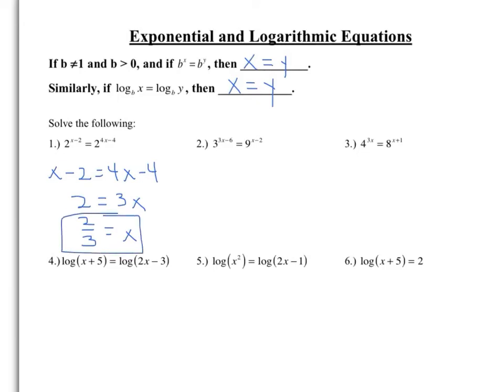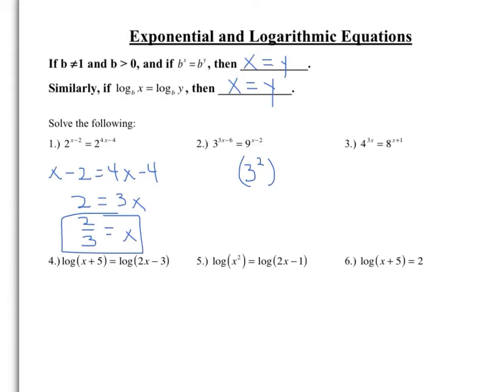In number 2, we run into a little snag here because we have a base of 3 and a base of 9. Well, they're not equal, so we can't just say that the exponents are equal. So what we have to do is convert the higher base and bring it down to a lower base. So we're going to rewrite the number 9 as 3 to the second.